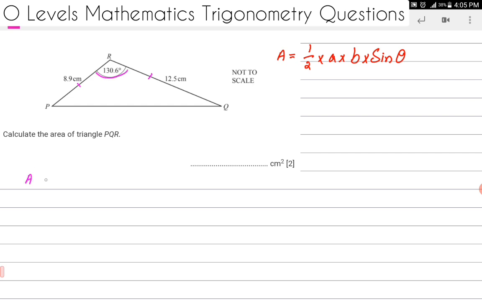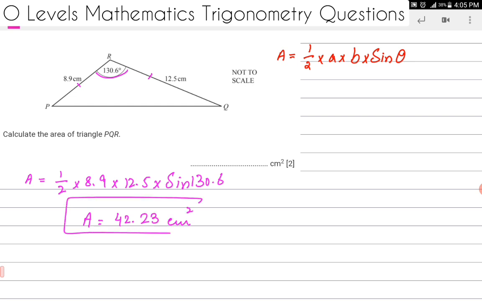So your area is going to be 1/2 into 8.9 into 12.5 into sine of 130.6, right? So my final answer is going to be 0.5 into 8.9 into 12.5 into sine of 130.6. So the final answer is area equal to 42.23 centimeter square.